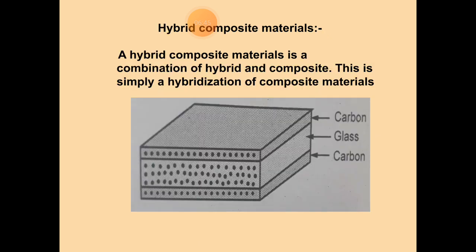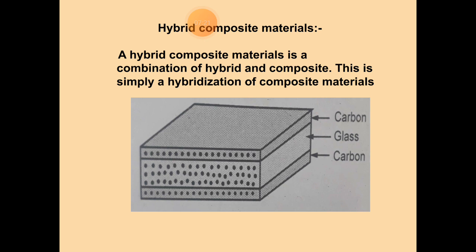Next topic is hybrid composite materials. Hybrid composite material is a combination of hybrid and composites; it is simply hybridization of composite materials. For example, a composite reinforced with two or more types of fiber, or laminar composite materials consisting of fiber reinforced metal and thin foil metals.